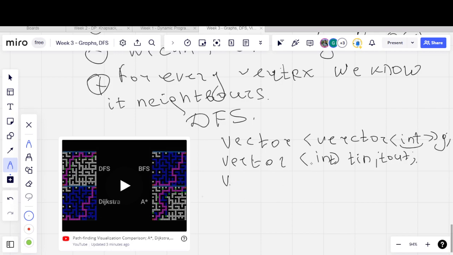I will explain later what this means. We store vector color, char color.